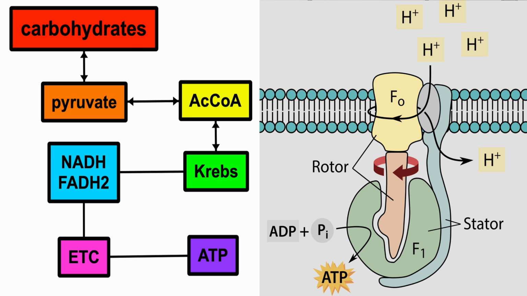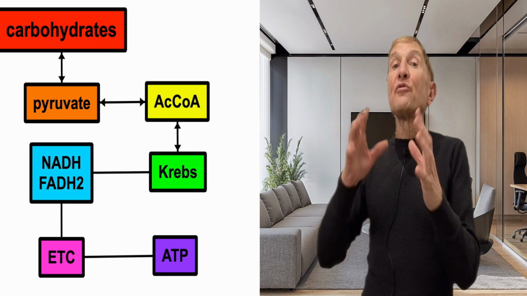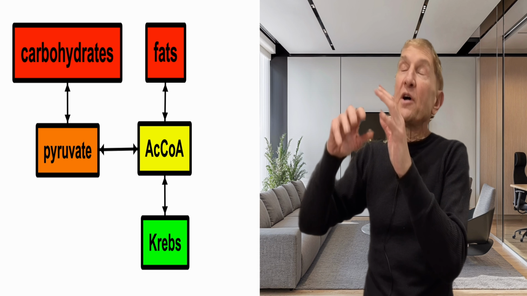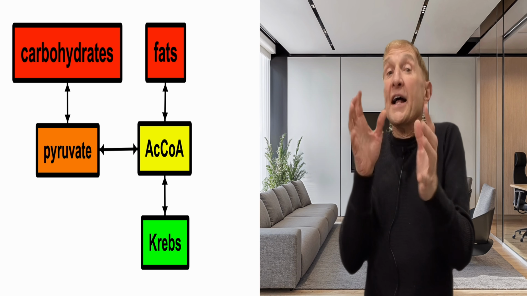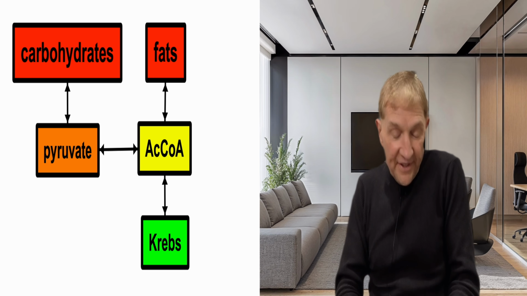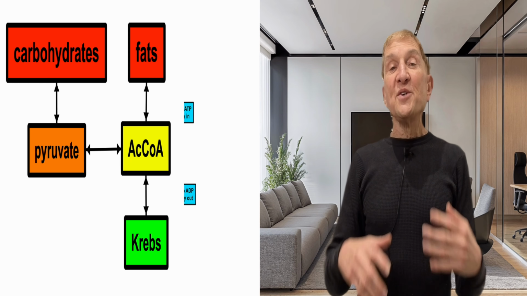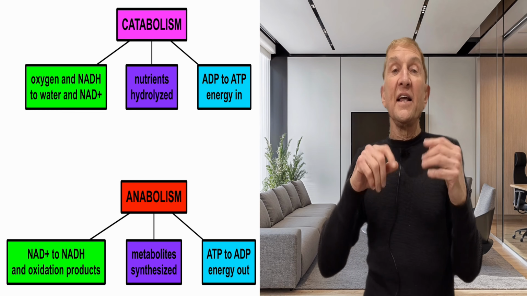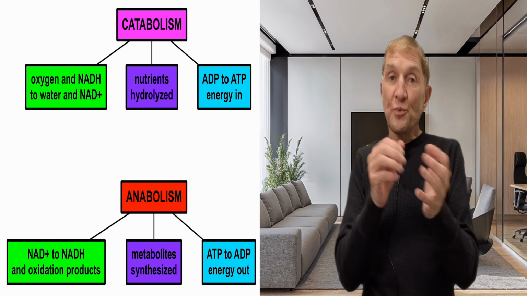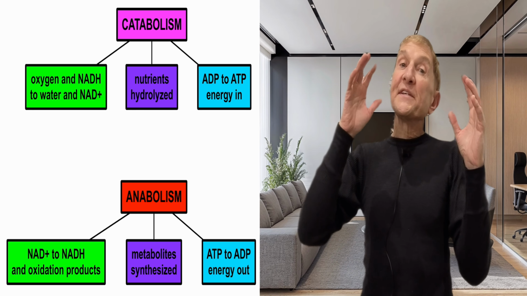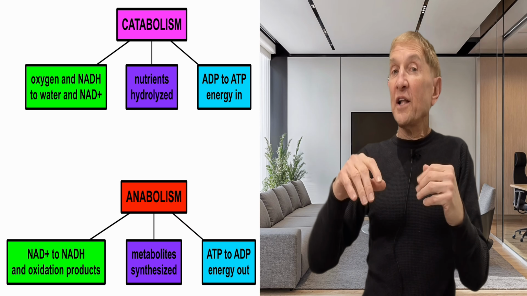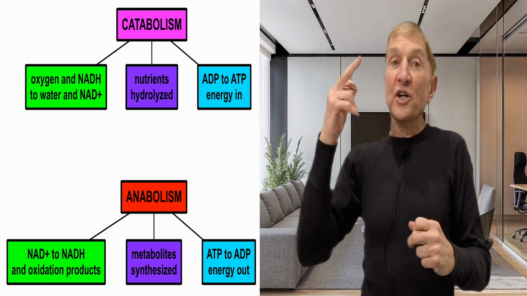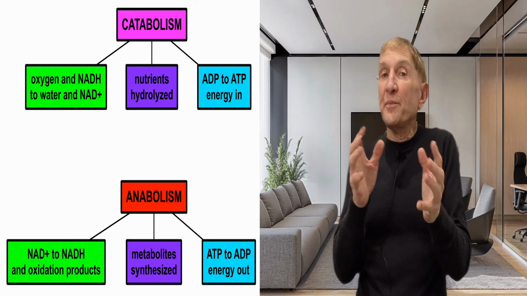But that's not the only way we can get ATP. ATP can be generated from fats. Fats are broken down in an oxidative process to give acetyl-CoA, which similarly feeds into the Krebs cycle. So metabolism then is divided into two parts. The first part is catabolism, which is breaking down foods like fats and carbohydrates into simpler materials.